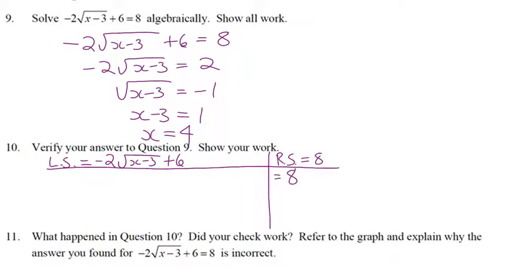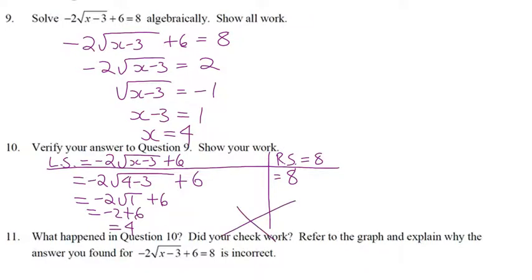So I'm just looking for an 8. We're going to plug in the x value. Negative 2 root 4 minus 3 plus 6. Negative 2 root 1 plus 6. Negative 2 plus 6, which is 4. And they're not the same.